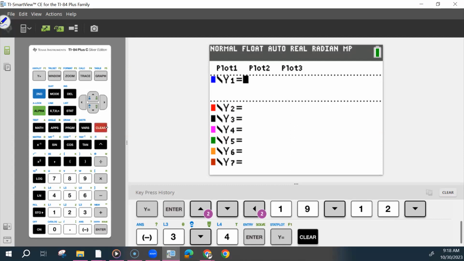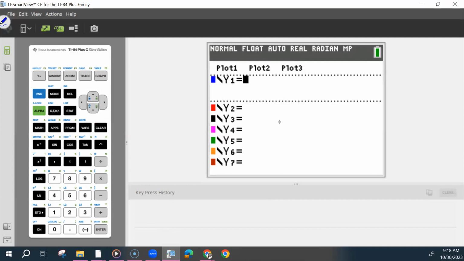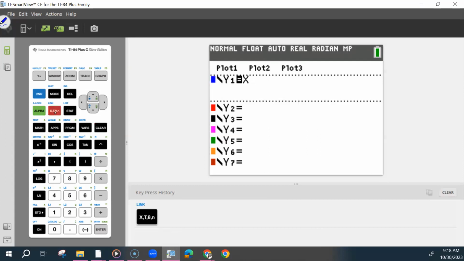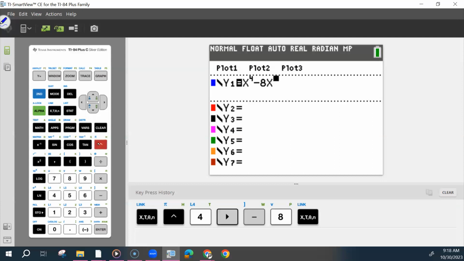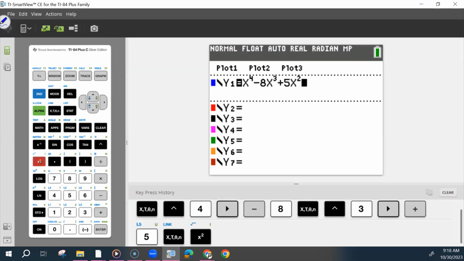Clear out whatever is there, unless it happens to be that same equation. And then we're gonna type in x, the variable first, raised to the fourth power. I'm gonna use this little hat here, above the division sign. Come out of that, minus 8x to the third. Come out of that, plus 5x squared, plus 14x.